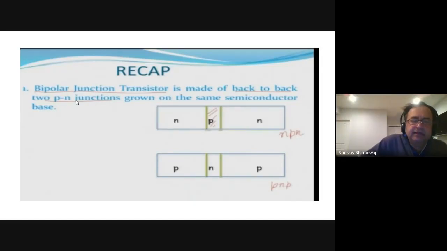Now, when it was used as an amplifier, the first set of devices used in analog electronics were what were called bipolar junction transistors. A bipolar junction transistor has a relationship between the two voltages: one is the base-emitter voltage, and the other is the collector-emitter voltage.